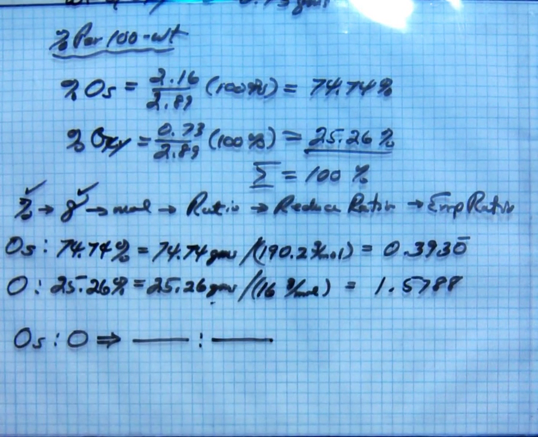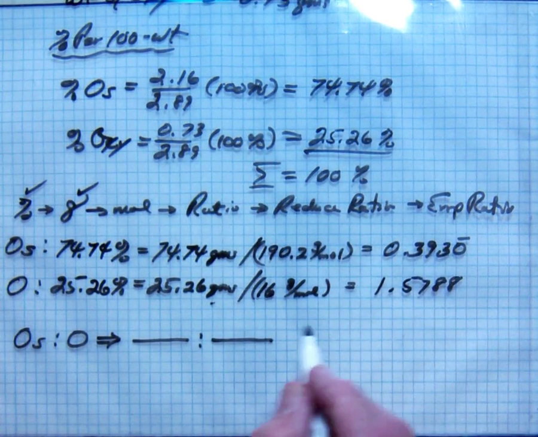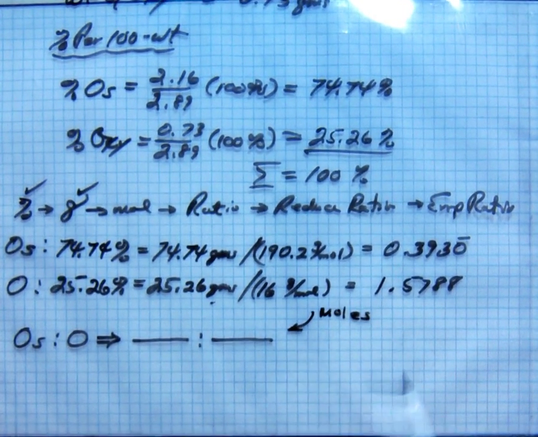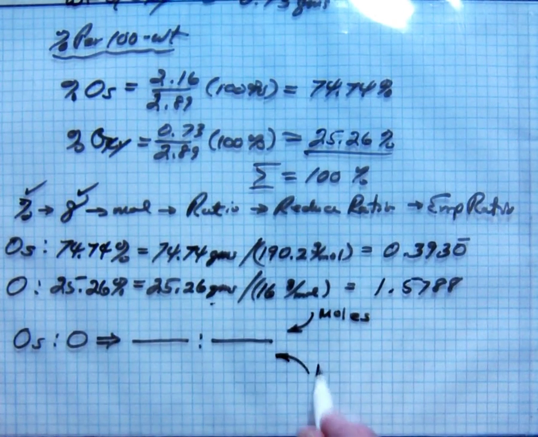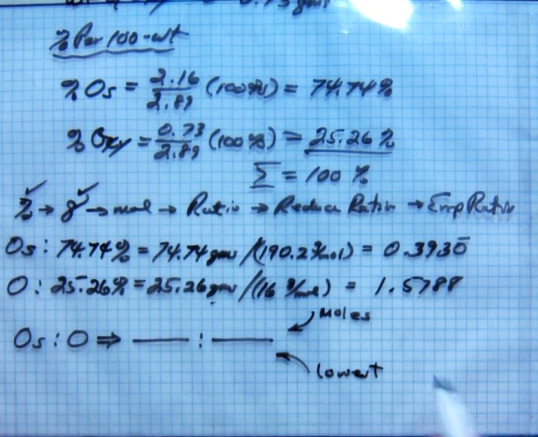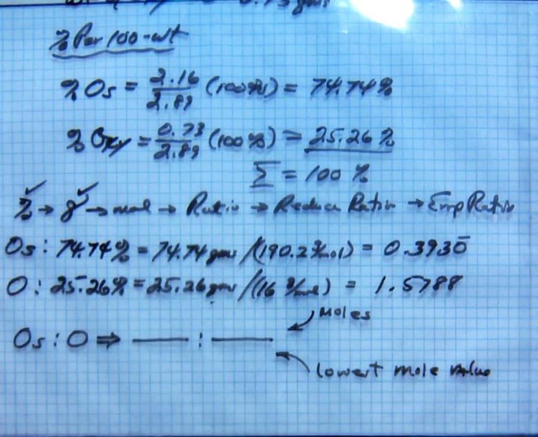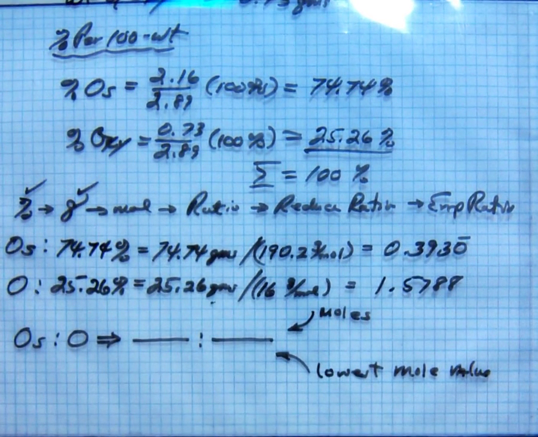I'm going to put my moles up here, and then I'm going to reduce it with the common denominator. So my moles and lowest mole value. You divide by the lowest mole value in this process.